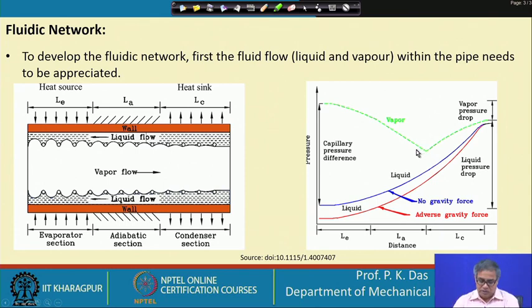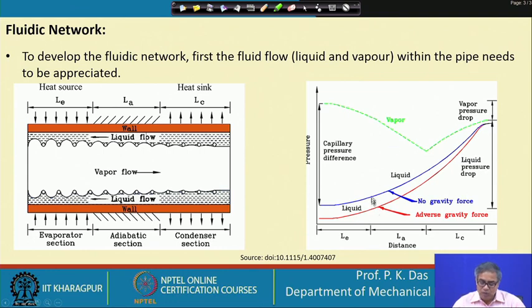How it can be appreciated in a minute: vapor will generate more and more as we move along the length of the evaporator, and again it is travelling a distance. So, the mass flow rate is increasing and there is some sort of a resistance which it has to overcome. So, initially if there is a high pressure, then there will be fall in pressure.